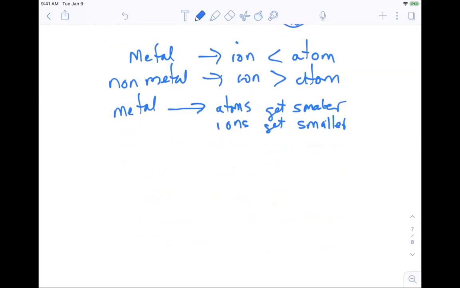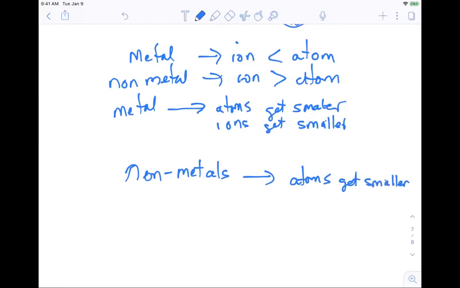For the nonmetals, as you go across, generally speaking, the atoms get smaller. But what about the ions? As you go across, what happens to the ions when you're talking about nonmetals? They get bigger. All right, so that's a periodic trend.